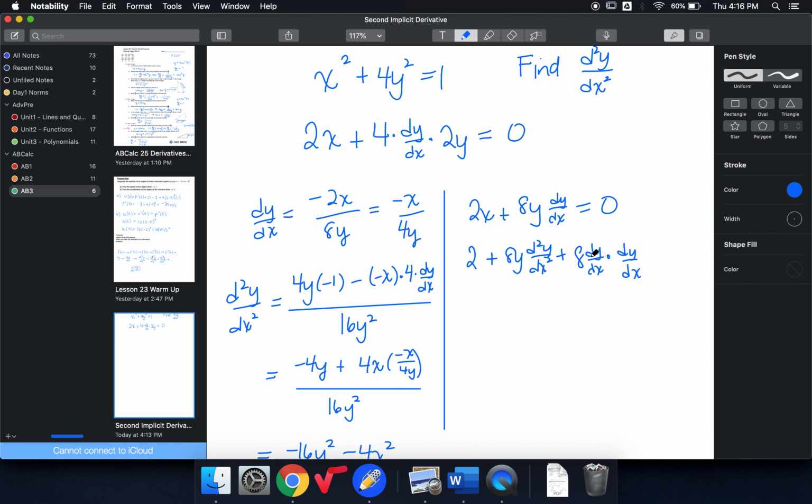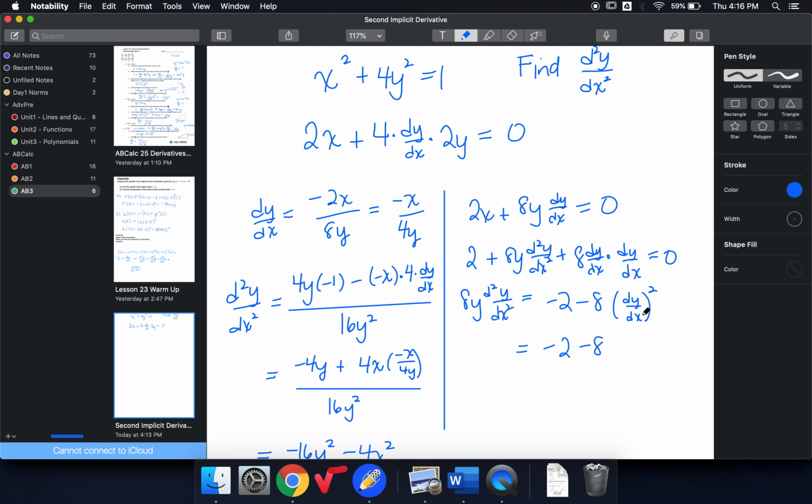So notice this is actually the derivative squared, not the second derivative, equals 0. So now if I isolate my second derivative, I'm going to have 8y d squared y dx squared equals negative 2 minus 8 times the first derivative squared. So that's going to give me negative 2 minus 8.